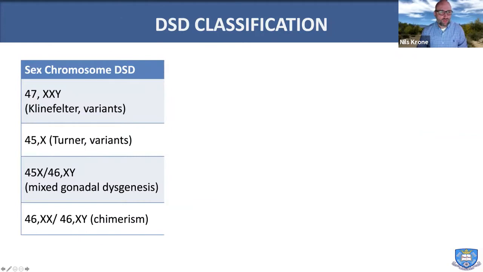The main categories: we can discuss for hours whether Klinefelter or Turner are DSDs or not, which in my opinion they're probably not, but they fit nicely into this medical classification. Then forms of mixed gonadal dysgenesis or other forms of chimerism.